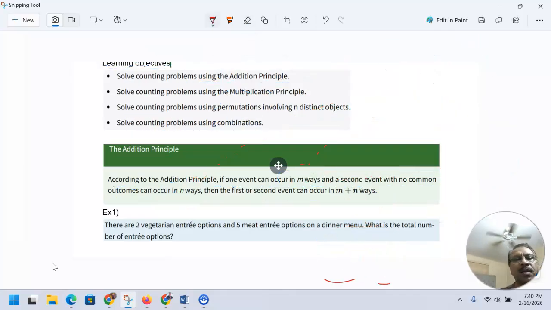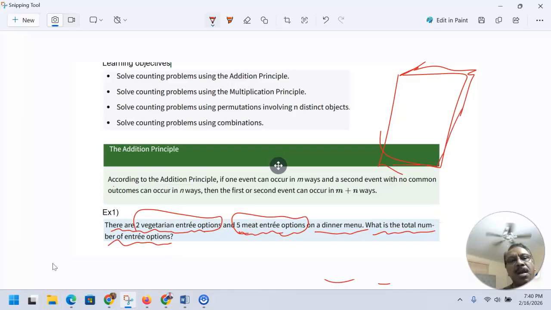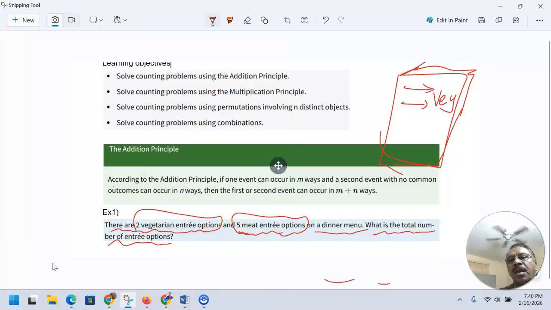So let's take an example. There are two vegetarian entree options and five meat entree options on a menu. What is the total number of entree options? So this is the menu card, and there are two vegetarian entrees, one and two, and there are five meat entrees, which I will put as bullets: one, two, three, four, five.